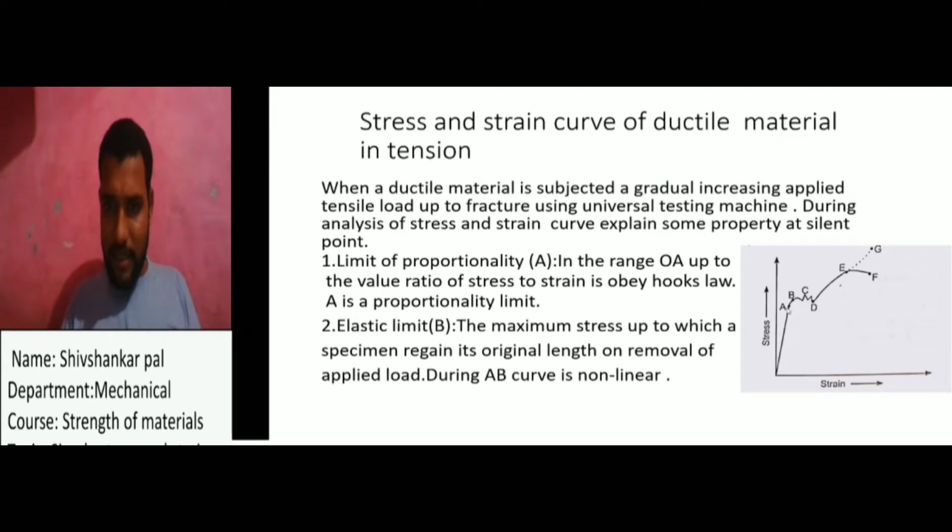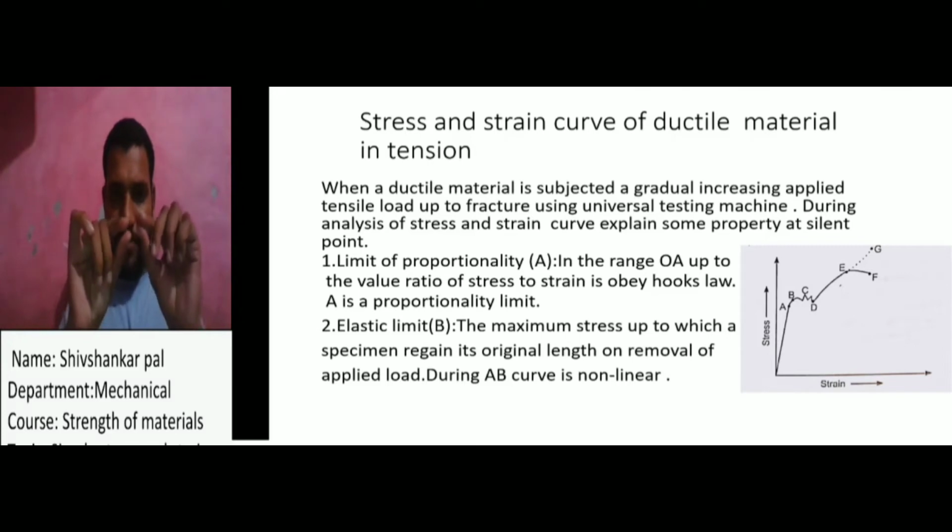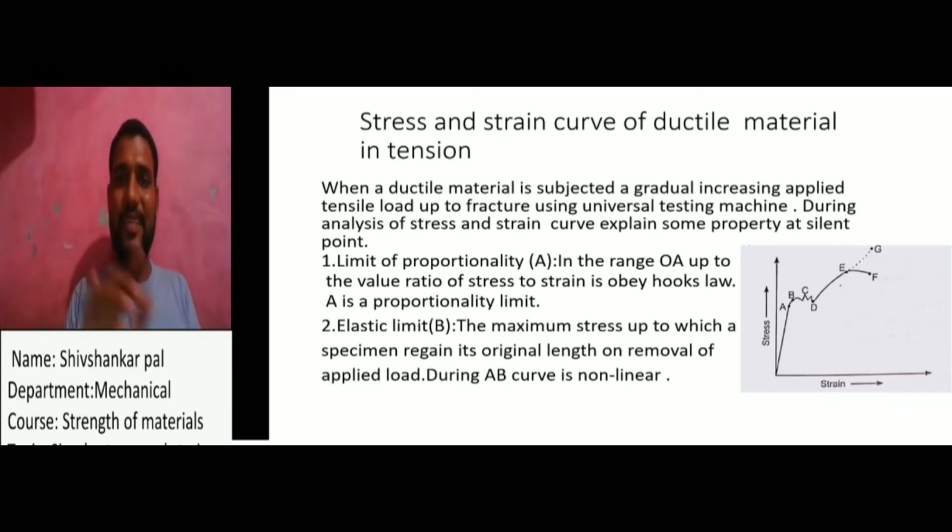What is the elastic limit? It is the maximum stress up to which, suppose you apply force to twist an eraser, then after you remove the force, the eraser regains its shape. That material is an elastic material.